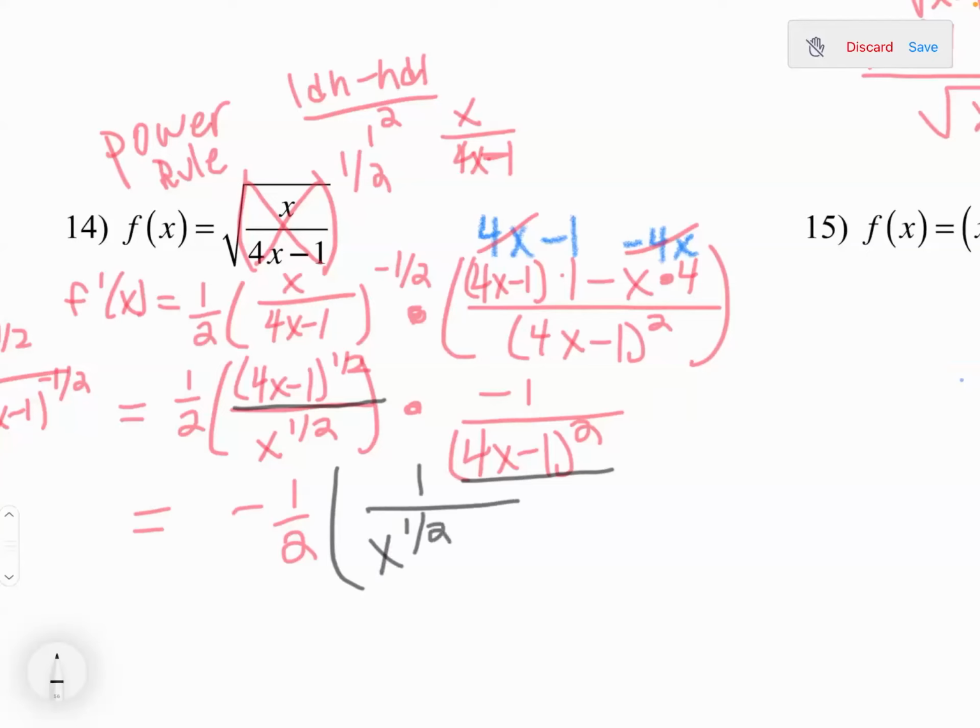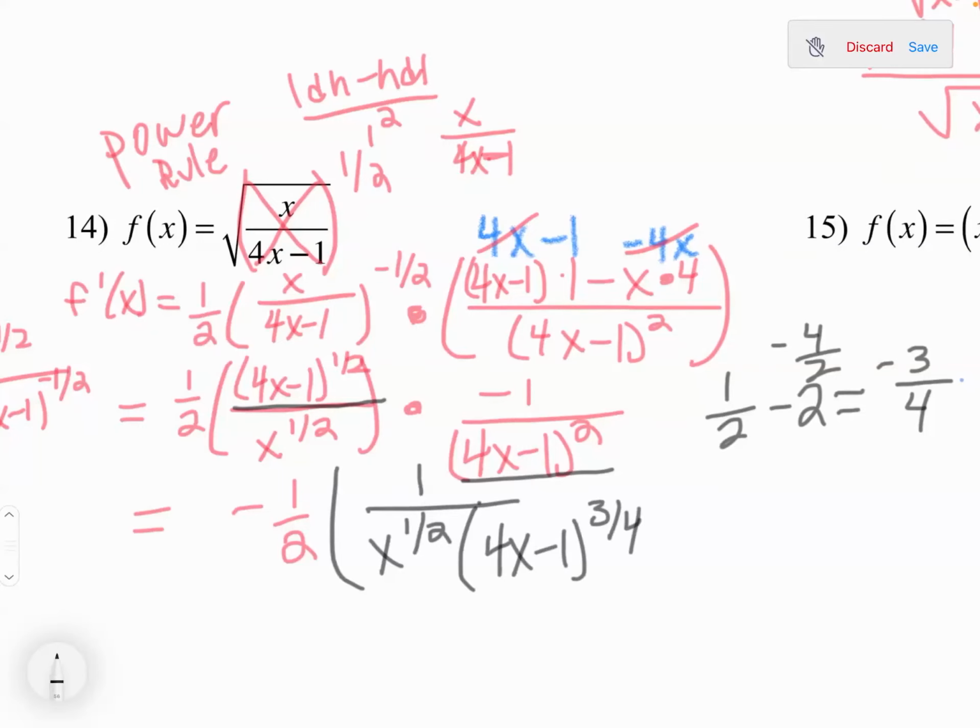And then we have two factors in the denominator and a half in the numerator. So technically 1/2 minus 2 would be our exponent. That'd be negative 3 over 2, which is negative 3/2 if we were to put it in the numerator. But we want to make it positive. So this 4x minus 1 is going to have a power of 3/2.